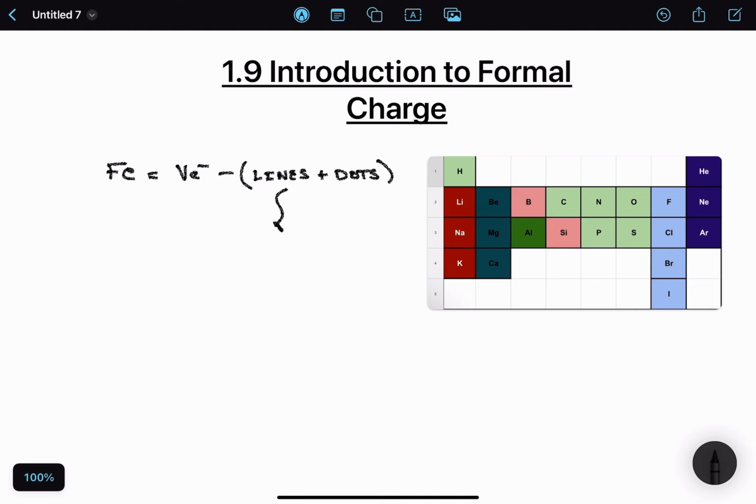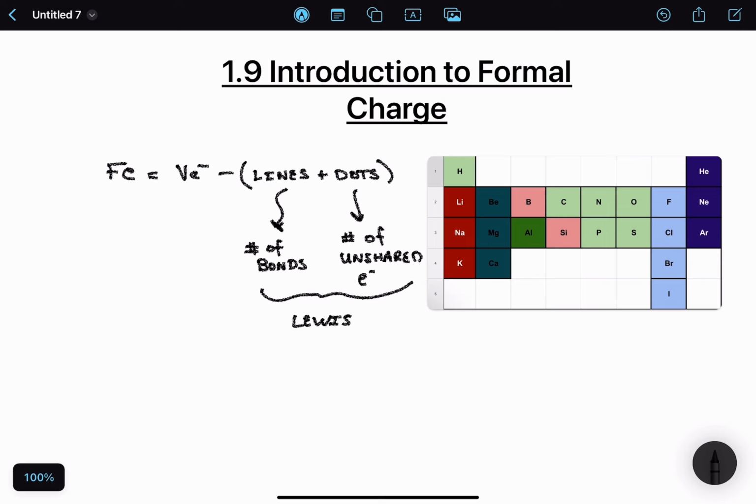The lines represent the number of bonds, and the dots represent the number of unshared electrons.